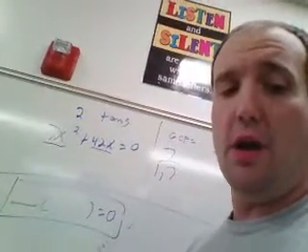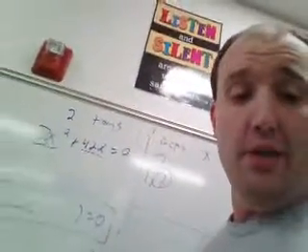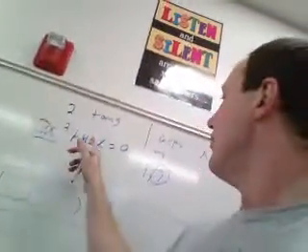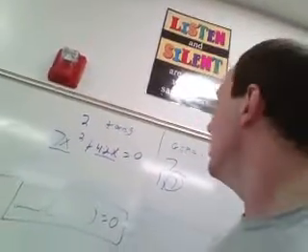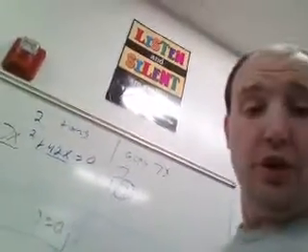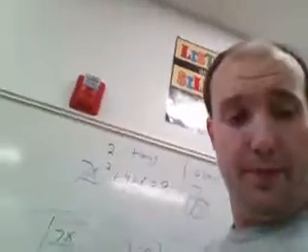It's just 7. So let's check out 7. 7 divided by 7 is 1, and 42 divided by 7 is 6. So I can use 7. 7x is a GCF. So I put 7x.